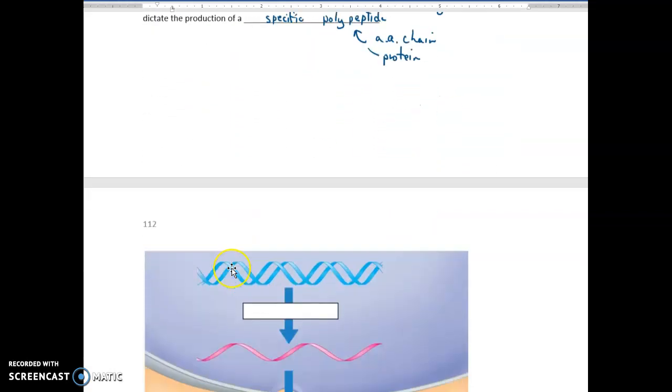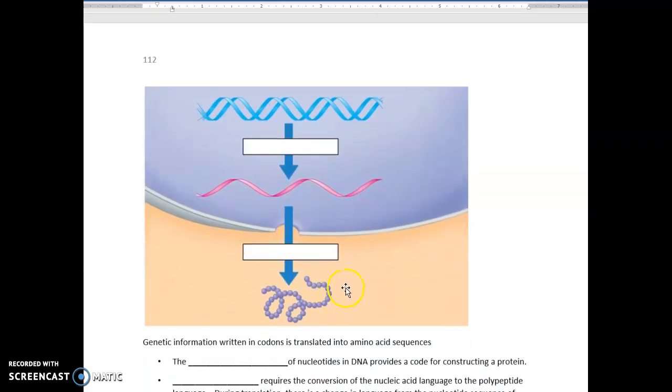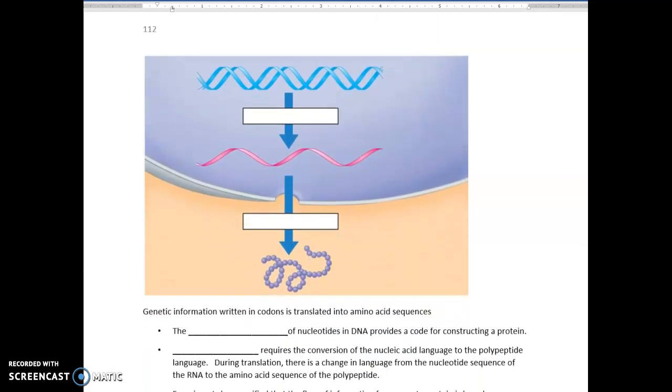Now we have a little diagram, but we could talk about where these things happen. So the top there is DNA. And the DNA is going to stay safe in the nucleus. We're not going to let our DNA roam wild through the cell where it might get damaged.